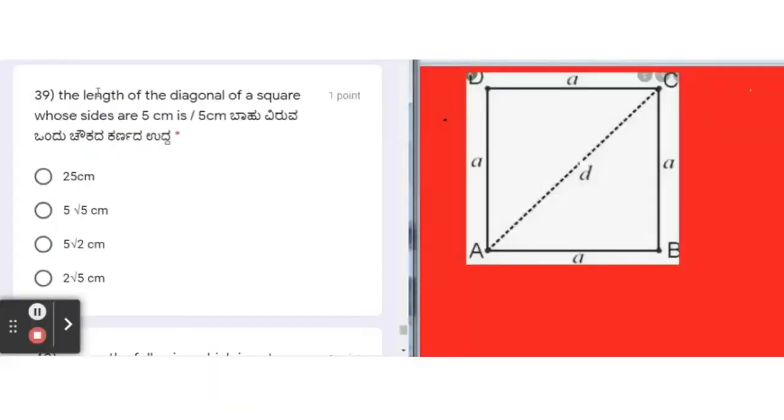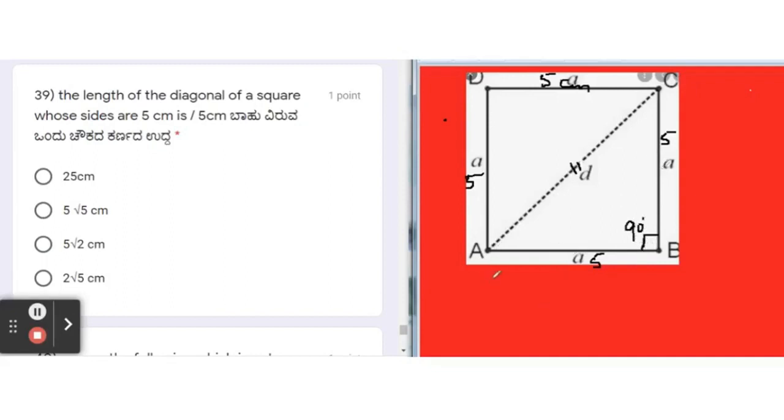39th question: the length of the diagonal of a square whose side is 5 centimeters is. They have given each side of the square as 5 centimeters. We all know that in a square all sides are equal, and we are going to find the diagonal D in this question. Students, we know that in a square all angles are equal to 90 degrees. So if you see triangle ABC, AC is the hypotenuse, so it is a right angle triangle.